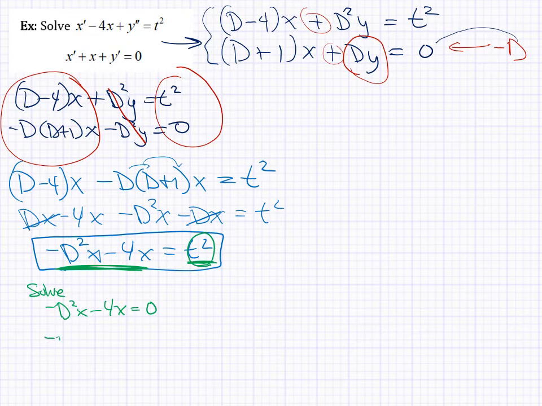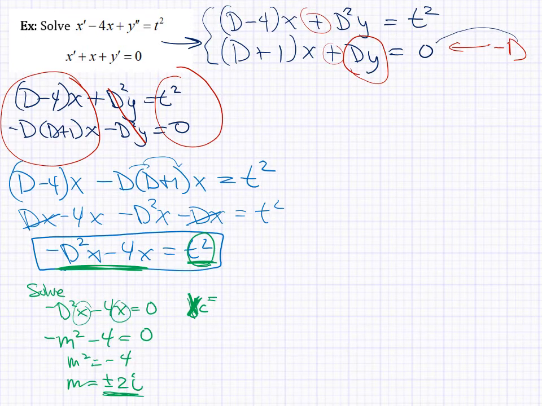So my auxiliary is minus m squared minus 4 equals 0. So that's going to give you m squared equals negative 4, so m equals plus and minus 2i. So being that that's an i, x sub c in this case, right, because x is our dependent variable here.